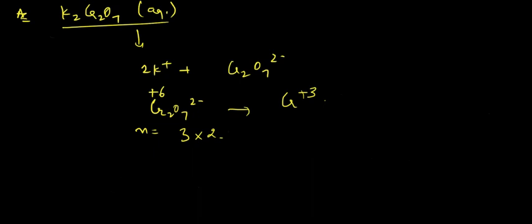So let me again write down why the n factor is 6 here for the compound Cr2O7 2 minus.